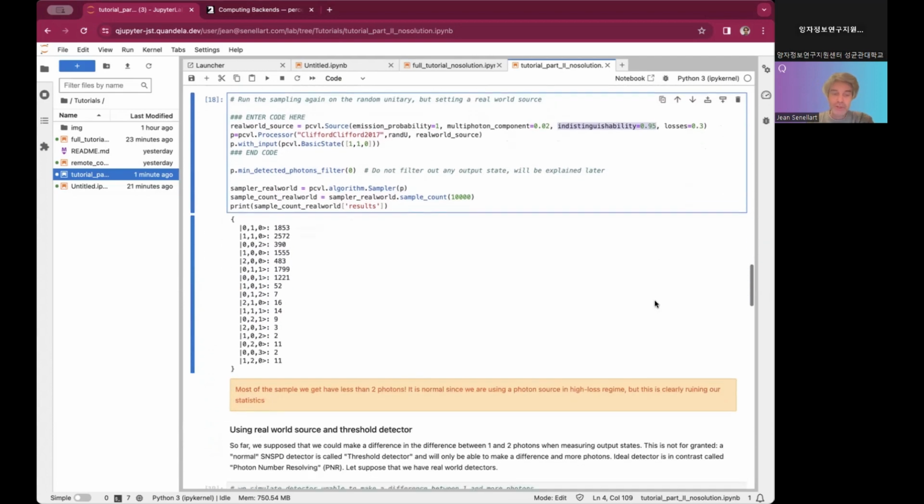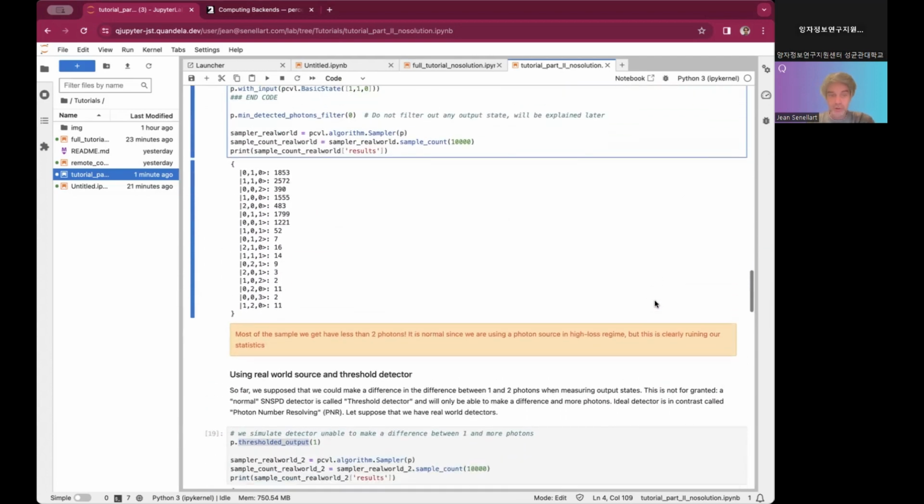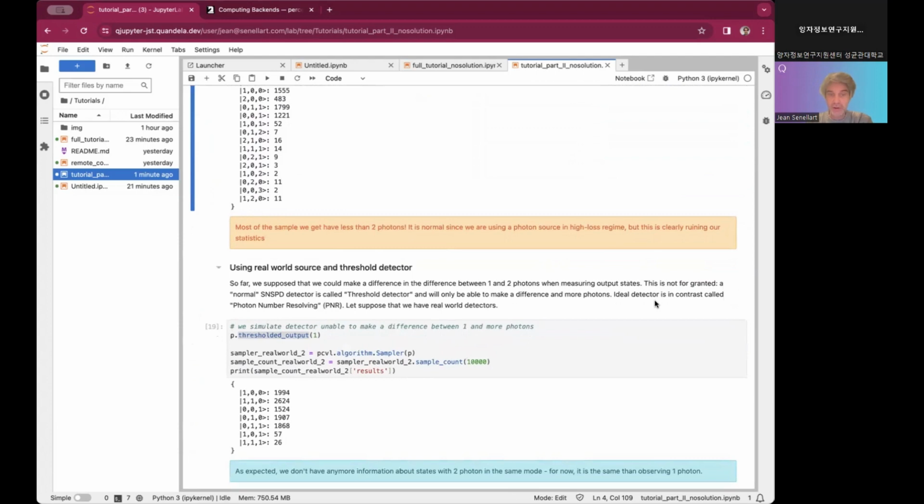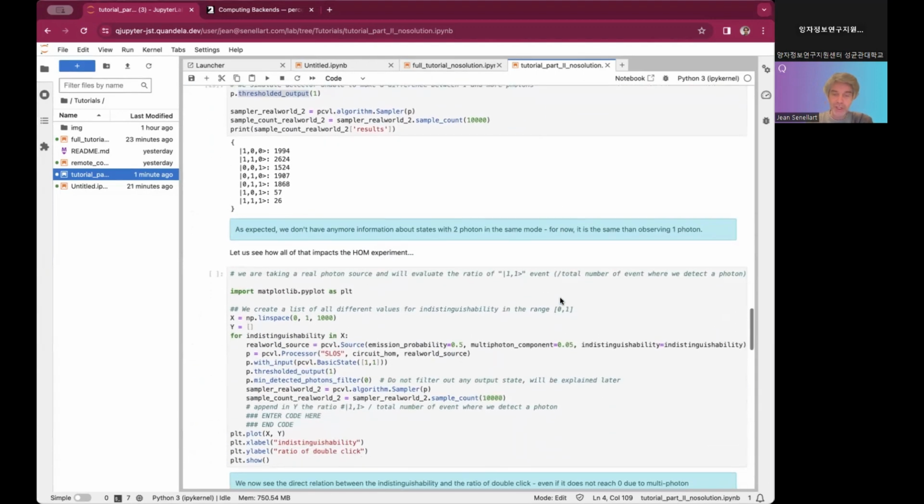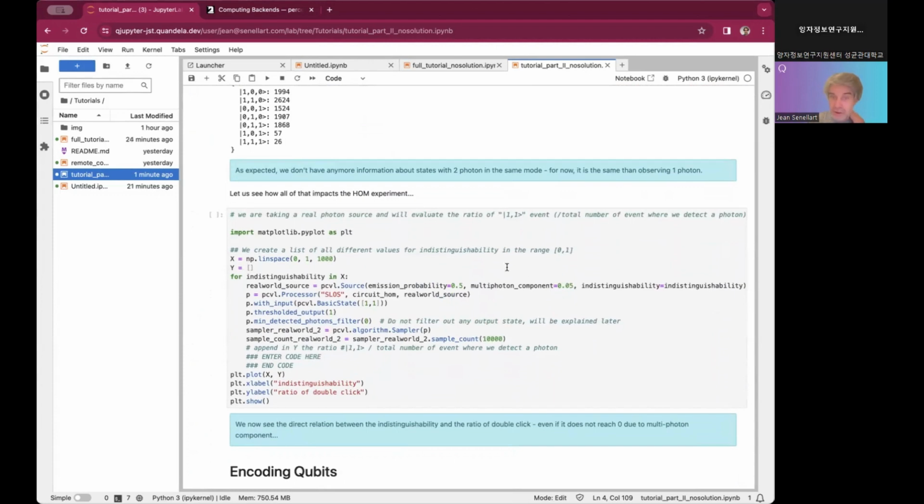And we want to use a real setup with a threshold detector, which is what you have in the lab. We want to see the ratio between the 1, which is the coincidence rate, and the total number of events, which is the number of clicks that we can see in the lab.